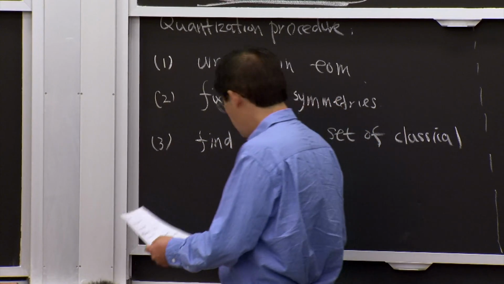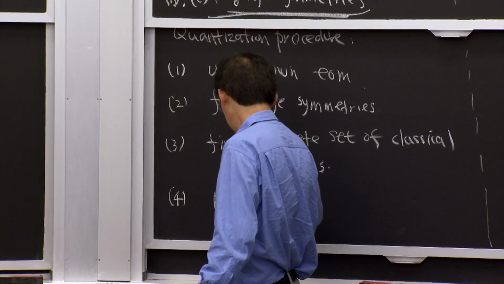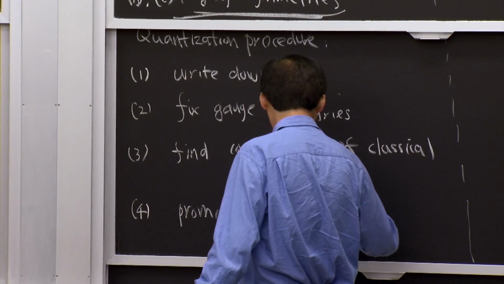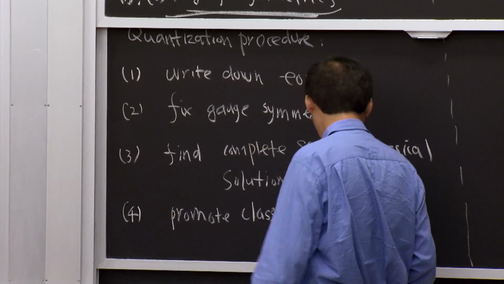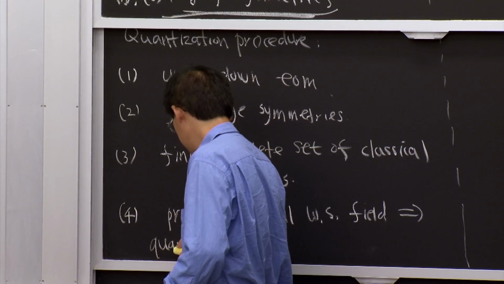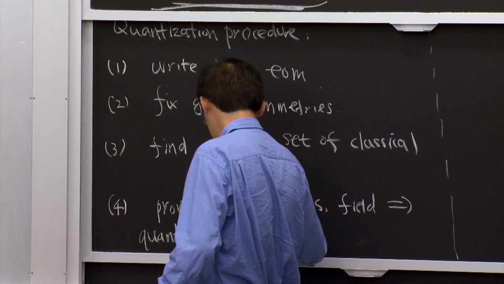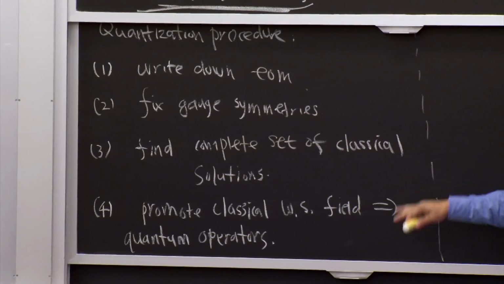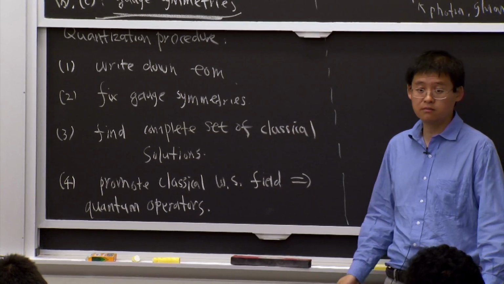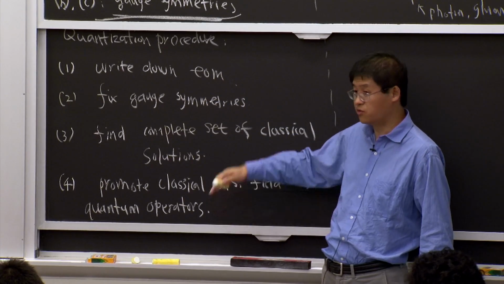And the fourth is you promote the classical fields on the worldsheet, say the X or gamma, to quantum operators. So the quantization procedure is that you promote them to quantum operators which satisfy the so-called canonical commutation relation.